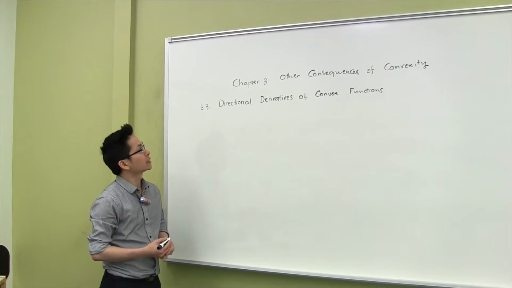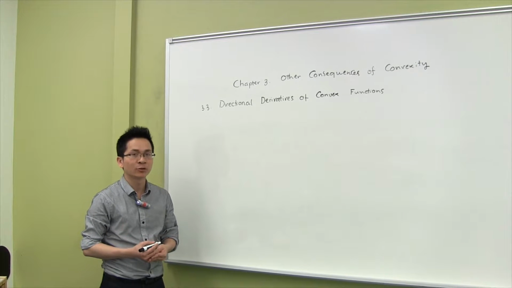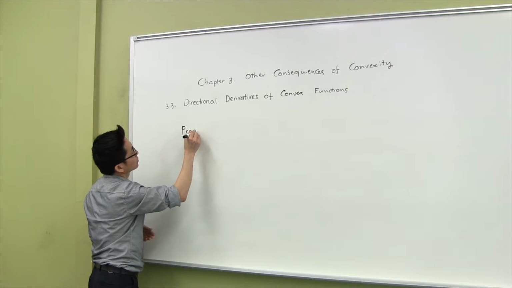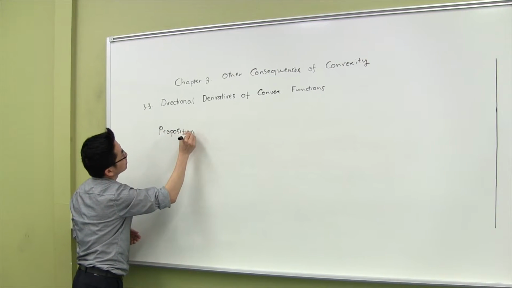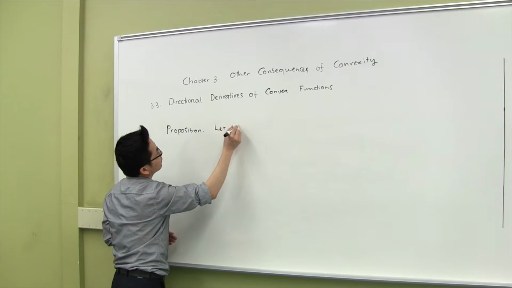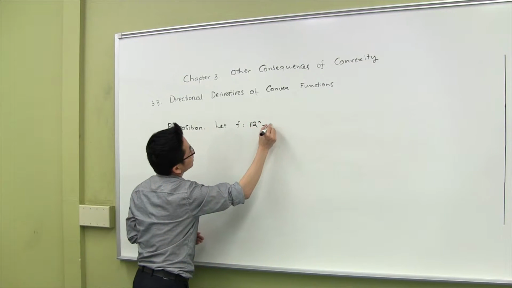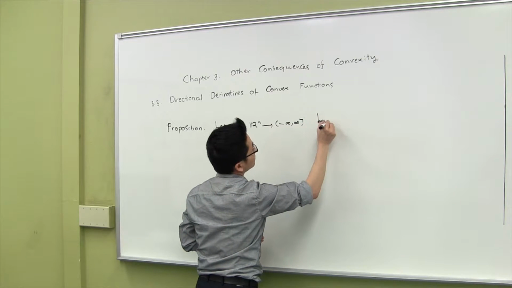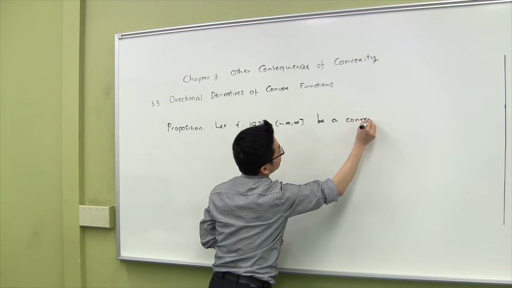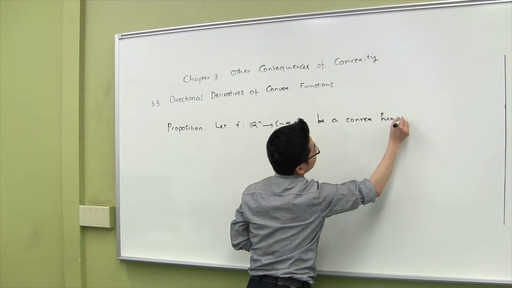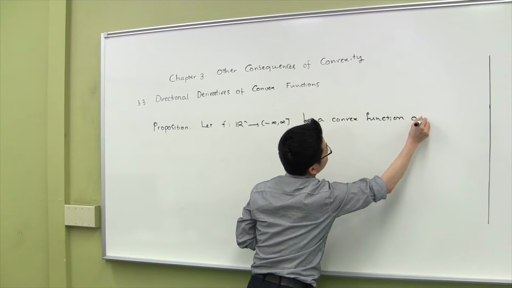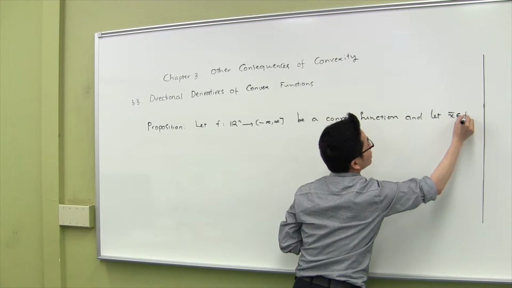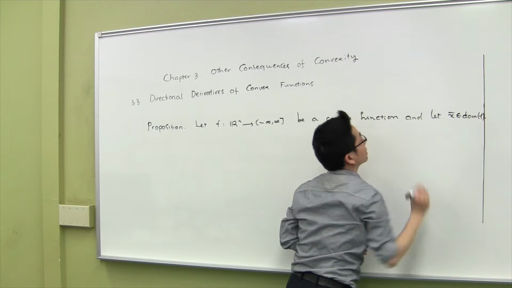Now I'm ready to show that for a convex function, the directional derivative always exists. Let f from Rn to the extended real line be a convex function, and let x bar be a point in the domain of the function.